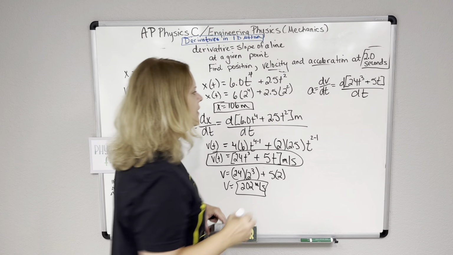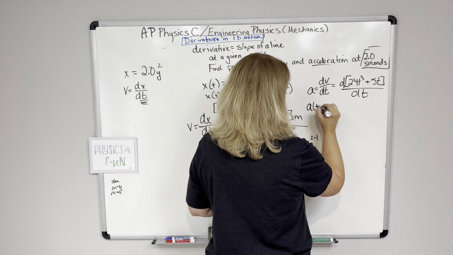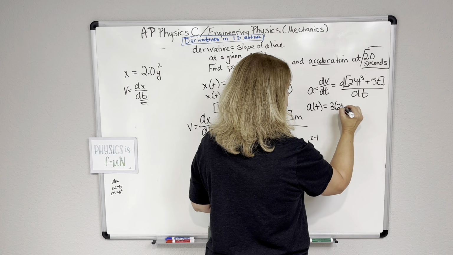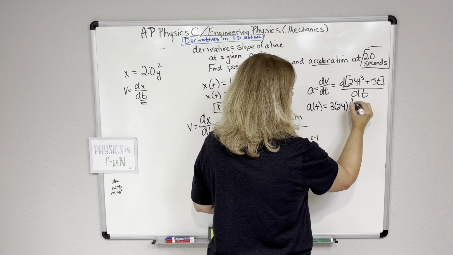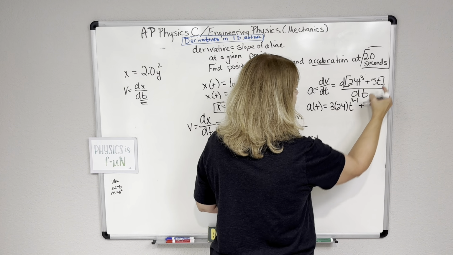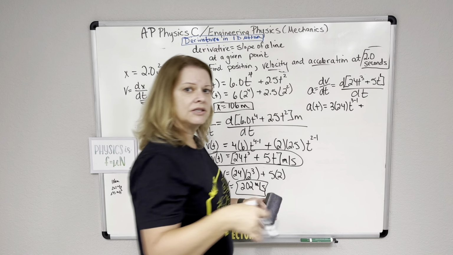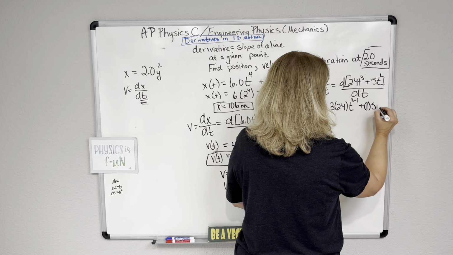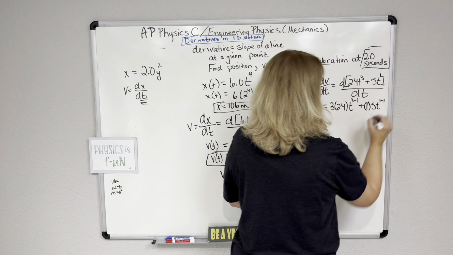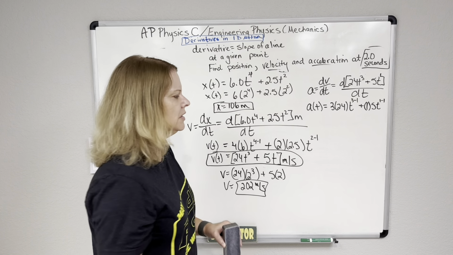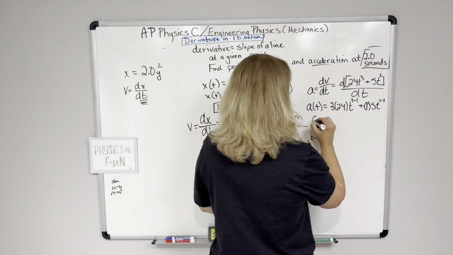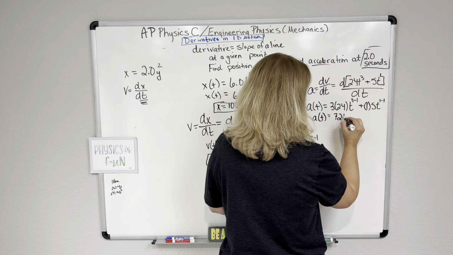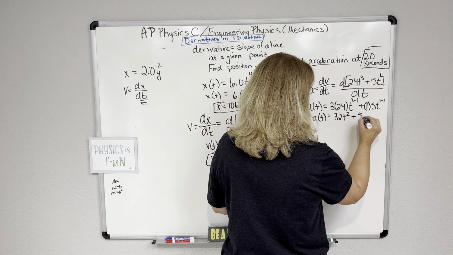I'm going to bring that 3 down times 24, and take the exponent minus 1. That's t to the 1, so I'm bringing that 1 down, 1 times 5, and subtracting that 1 from the exponent. So my acceleration is going to be 72 t squared plus 5.